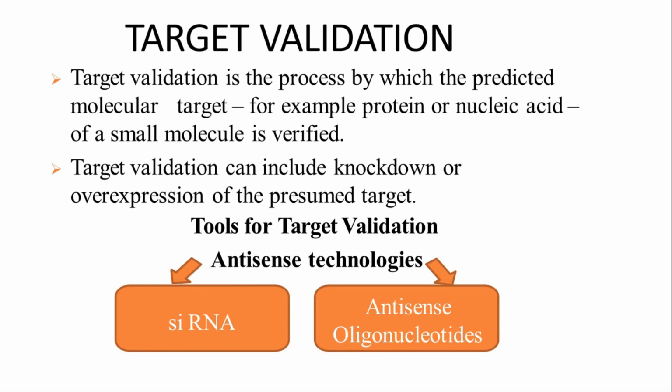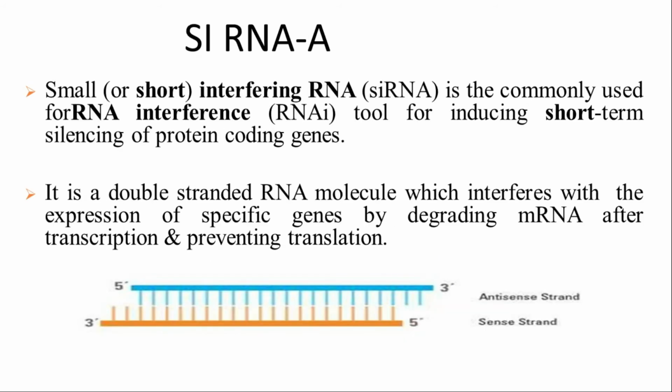It utilizes antisense oligonucleotides and siRNA. Now come to siRNA. What is siRNA? Small or short interfering RNA, called siRNA, is commonly used for RNA interference (RNAi) as a tool for inducing short-term silencing of protein-coding genes.